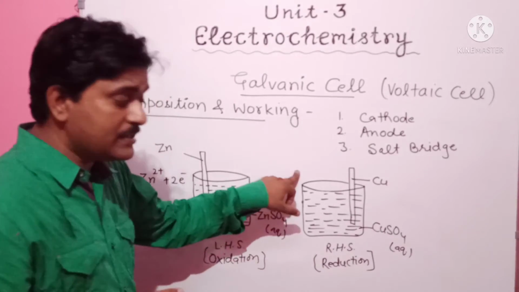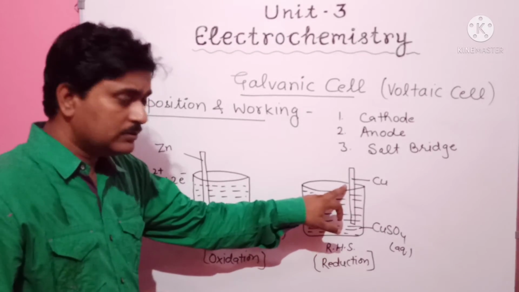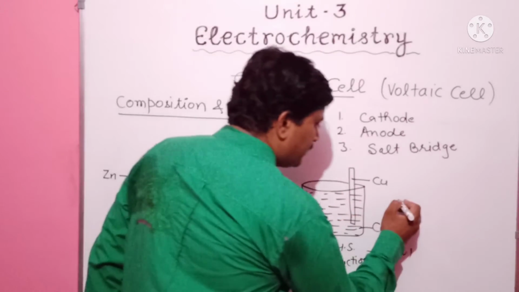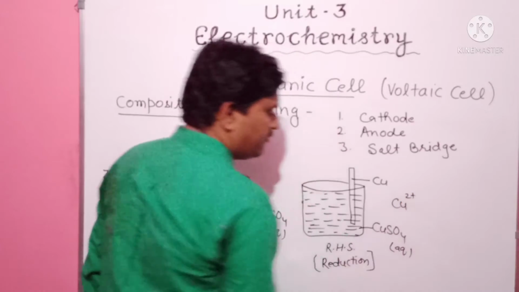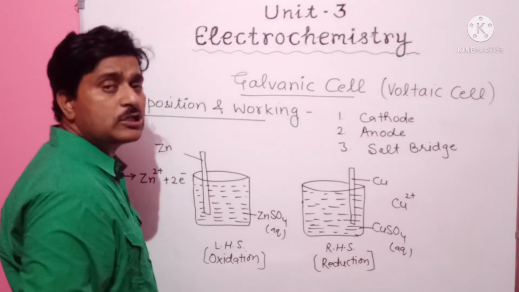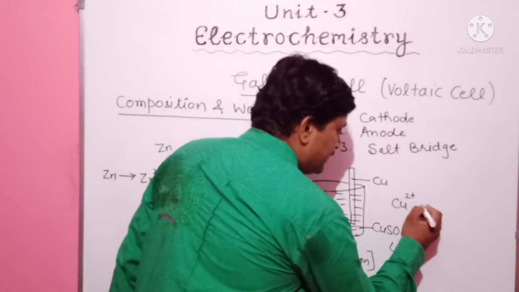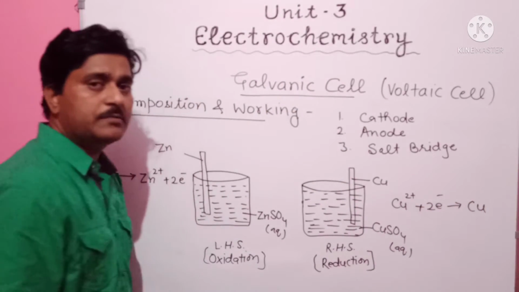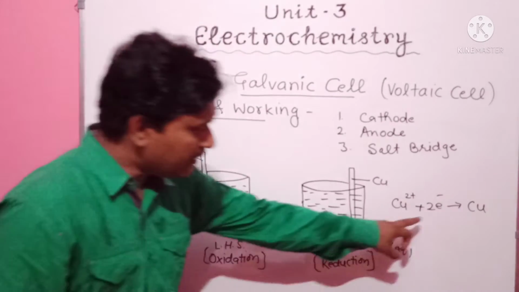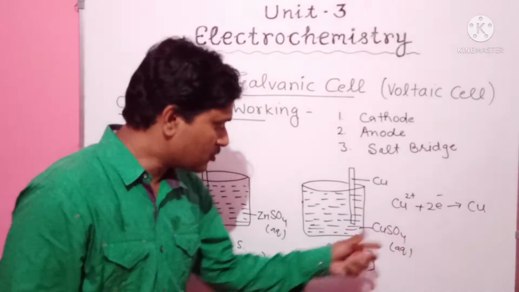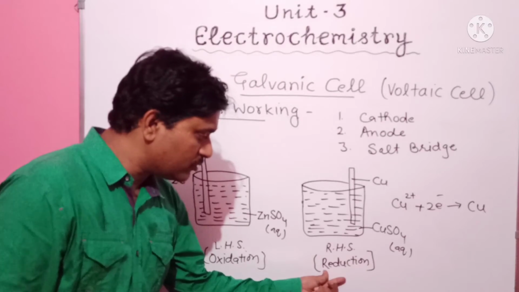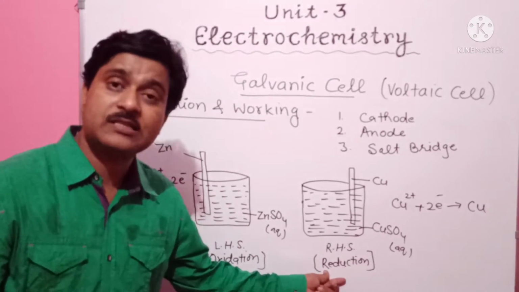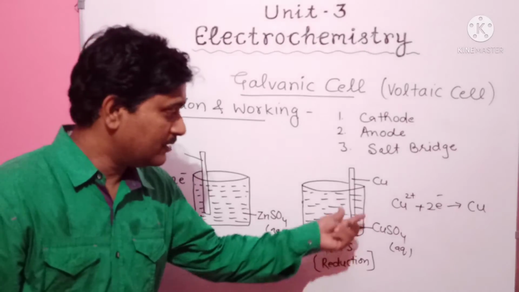Now what happens at the copper electrode? Here Cu 2+ ions, which come from the aqueous copper sulfate, gain electrons and change into copper metal. Here gain of electrons occurs, so that electrode is said to be the reduction electrode, where the reduction process occurs.